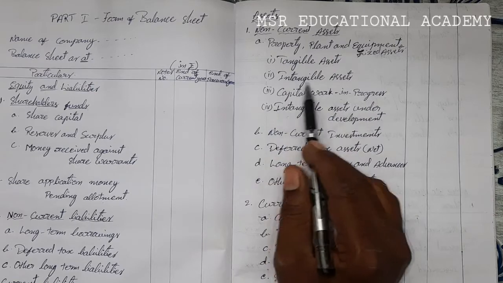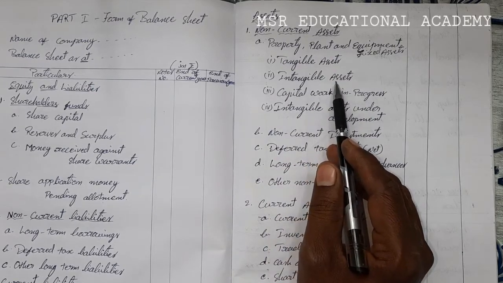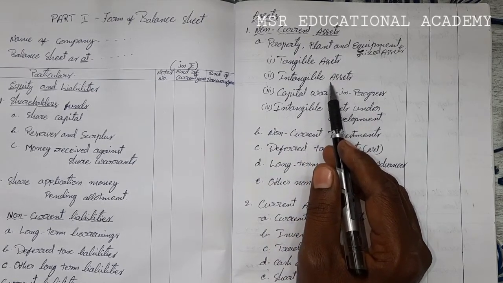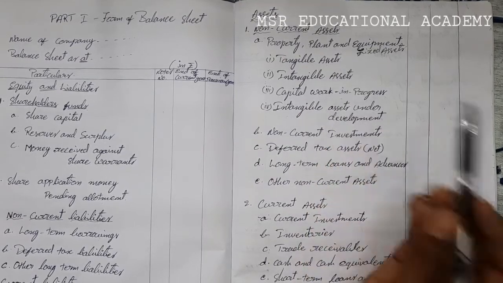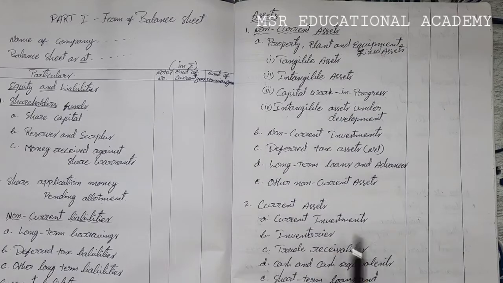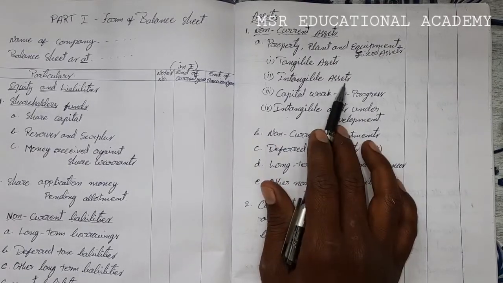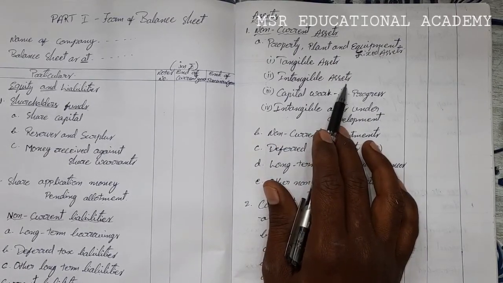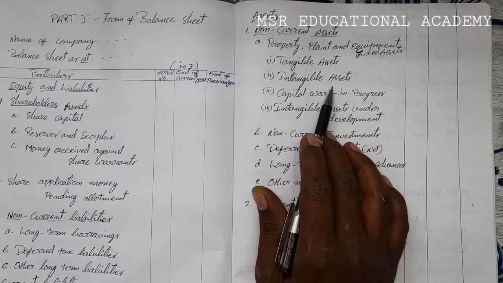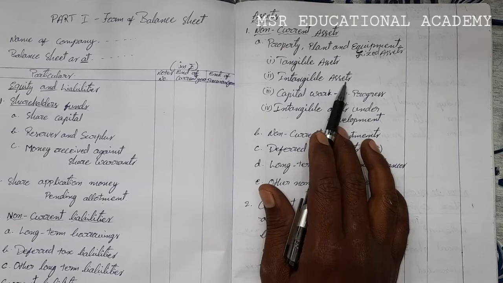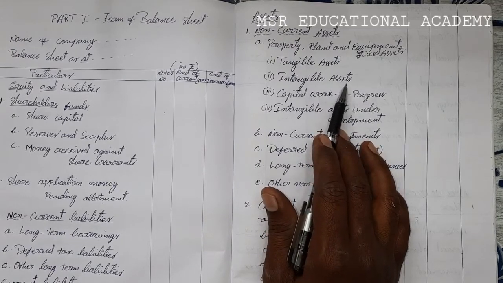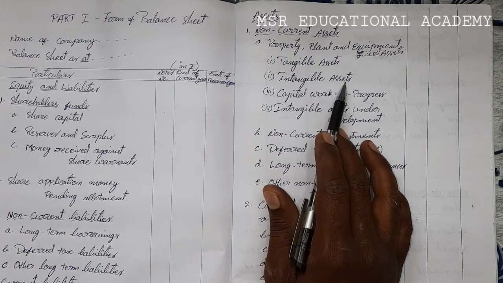Next, intangible assets. Intangible assets means goodwill, patent, copyrights, trademarks. These all come under intangible assets. Goodwill, patent, copyrights, we should write the amounts after deducting amortization.